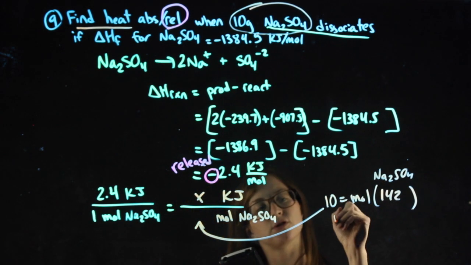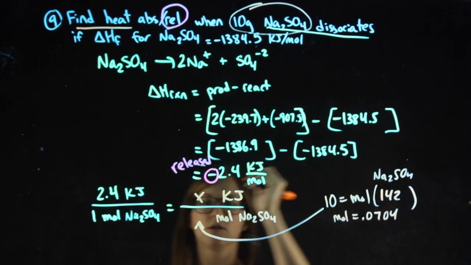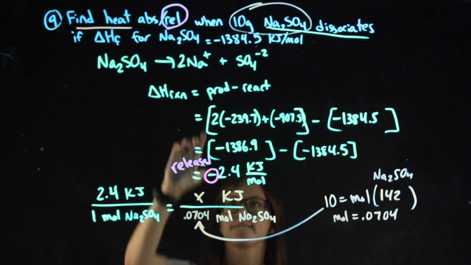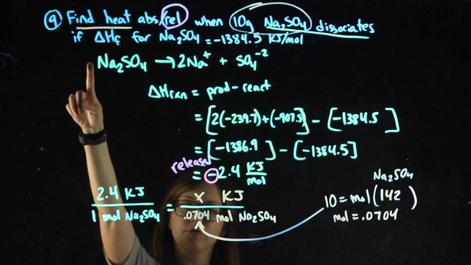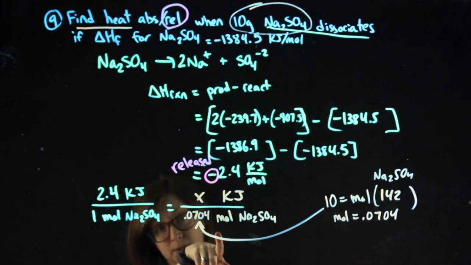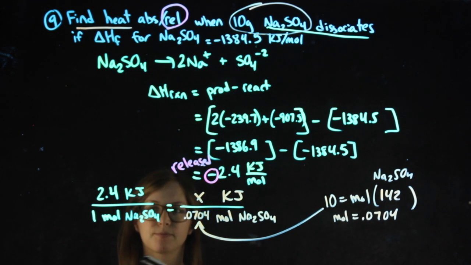So my moles of sodium sulfate, 0.0704. Heat of reaction is for a generic or a coefficient number of moles. The heat specific for this problem is for a specific number of moles given in the question, even though we had to find it from the grams.